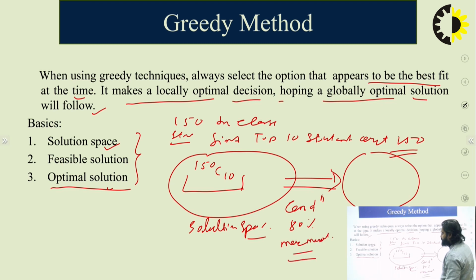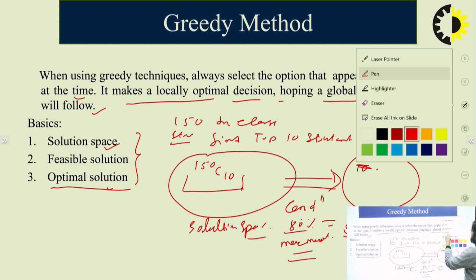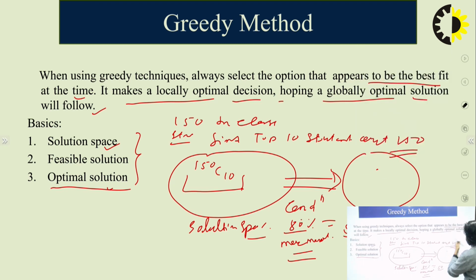Now it reduces the solution space. Assume 80% of the 150 students, that is 50 students, obtain more than 80 marks. So it reduces the solution space, and the feasible solution is 50 C 10. You can obtain a feasible solution.